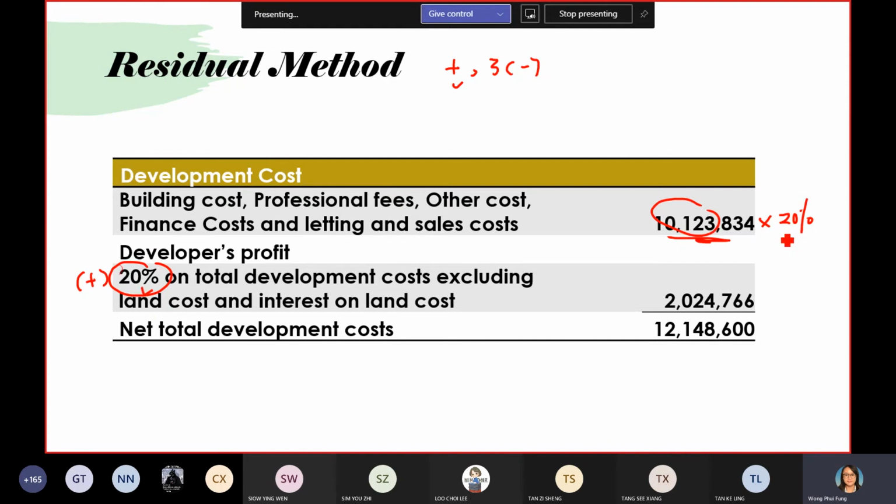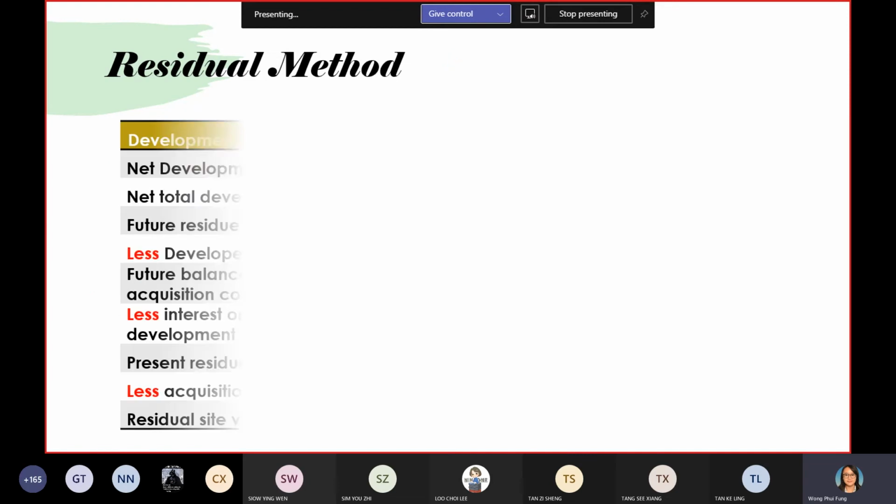So times 20%, this is the cost. This is the profit that you want to earn. Then you add up everything together. This is the total. A plus B equals the total. This one you need to assume, so either 20 or 30 or you want another figure also can. But this one you need to input, as I mentioned, the predetermined level of return. Then you add up already. This is the first plus.